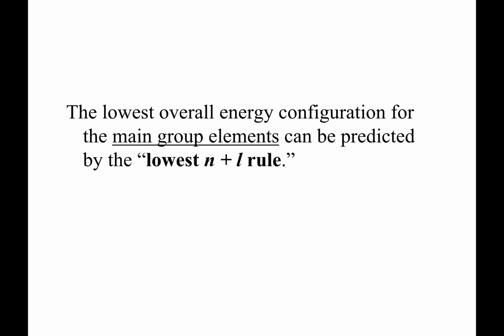Here I have 3 plus 0, 3. 3 plus 1, 4. 3 plus 2, 5. 4 plus 0, 4. 4 plus 1, 5. 4 plus 2, 6. 4 plus 3, 7. Okay, so those are n plus l values.